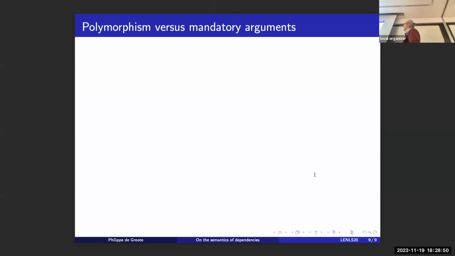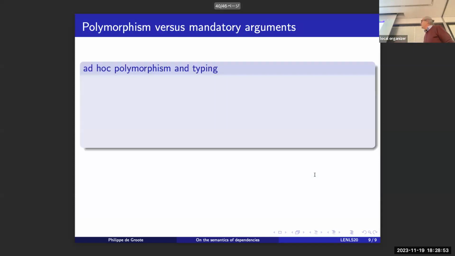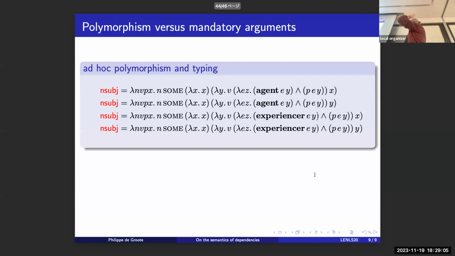And consequently, we have a problem of overloading of the relations. For instance, we have all those possibilities for the subject. And it's also the case that, according to whether we have a dynamic verb or static verb, the subject will not give the same semantic role.